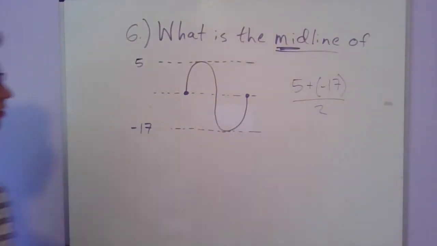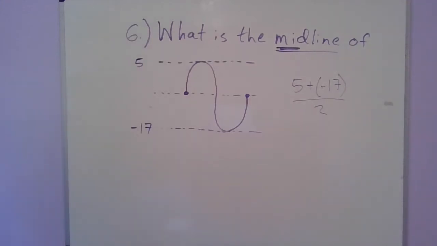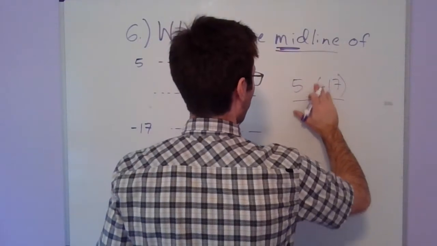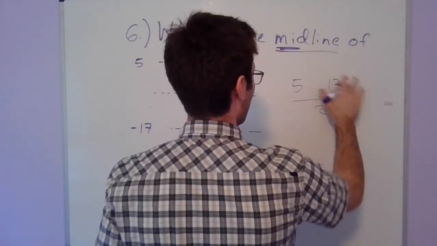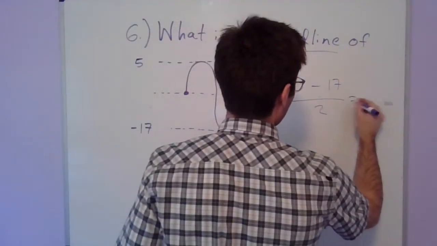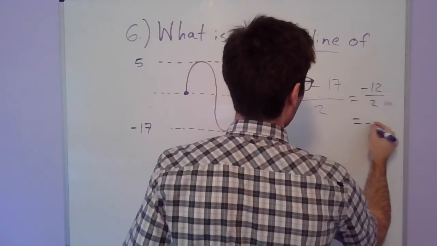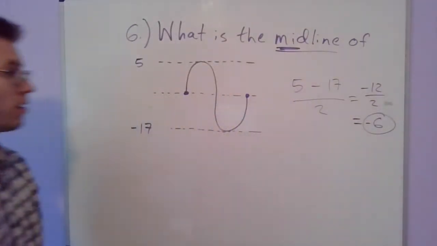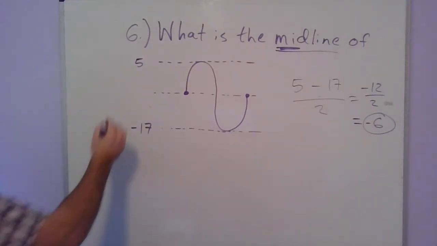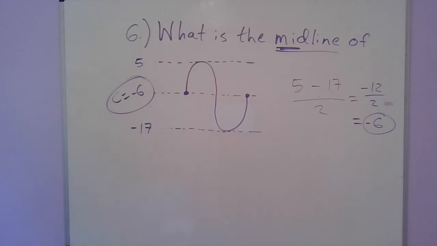We're just taking the average of those two numbers, so that's why I'm dividing by 2. In other words, 5 minus 17 over 2. So 5 minus 17 is a negative 12, over 2. So it's negative 6. That's how you do that one.